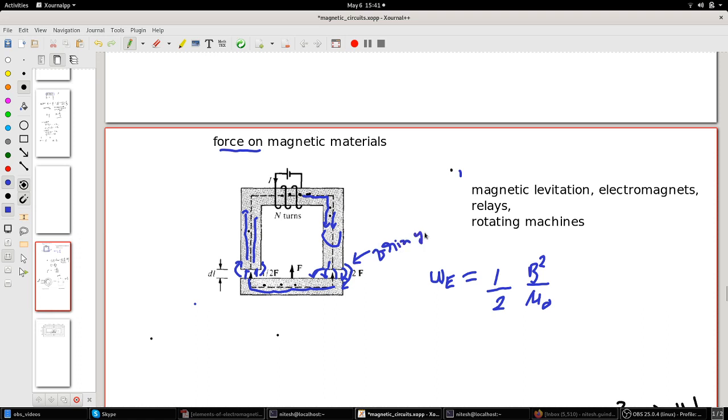For simplicity, we will not consider the fringing effect, and we'll assume that the magnetic field flows in a confined fashion, like how it is flowing in this particular core. It will also continue to flow here, following the same path.